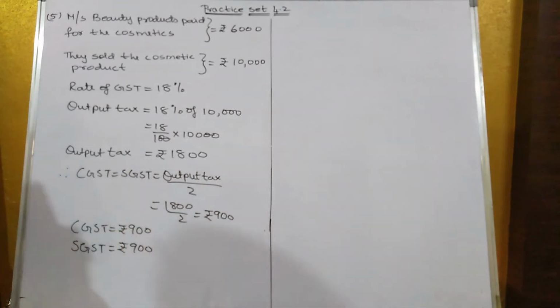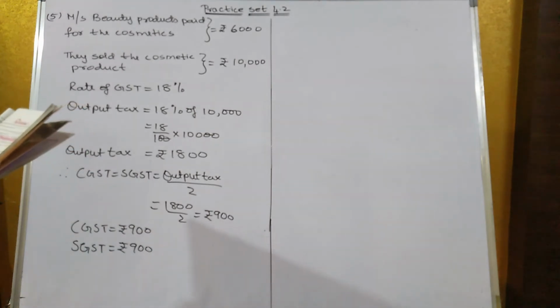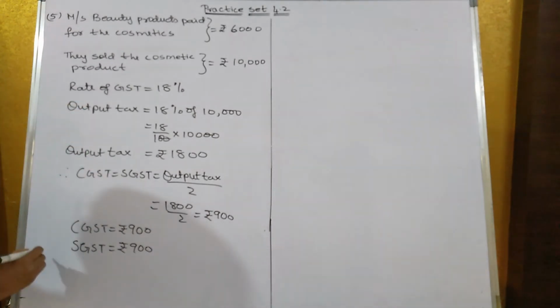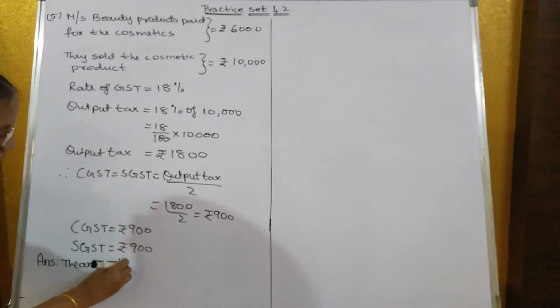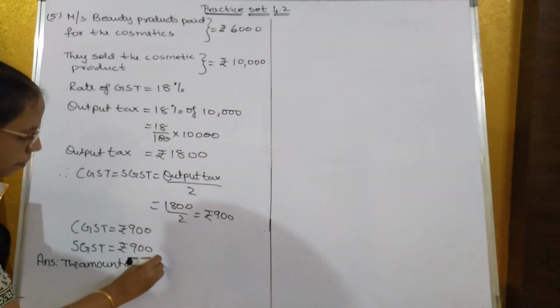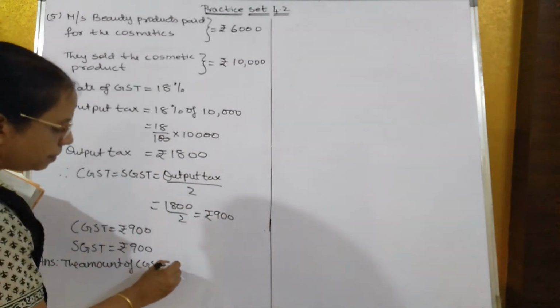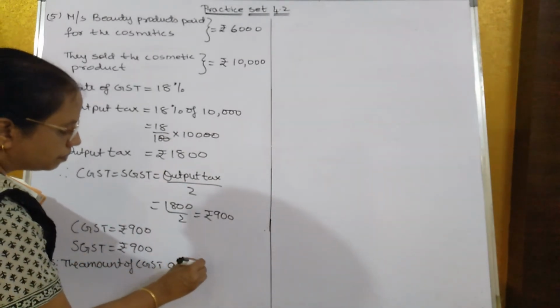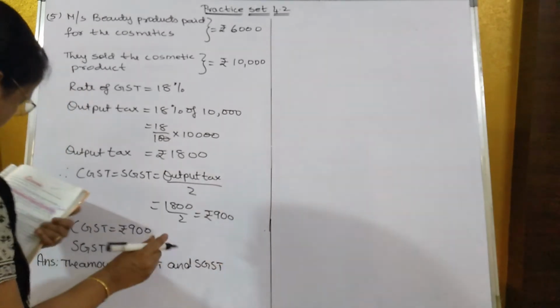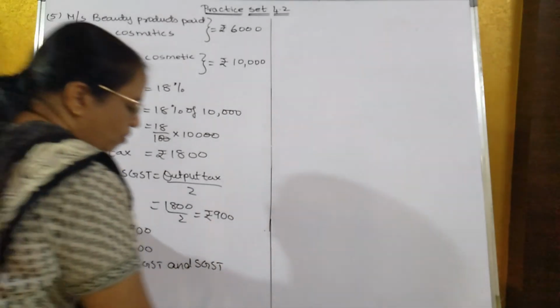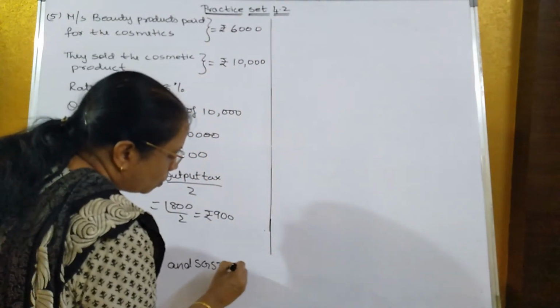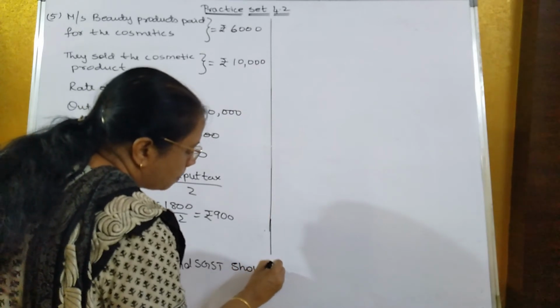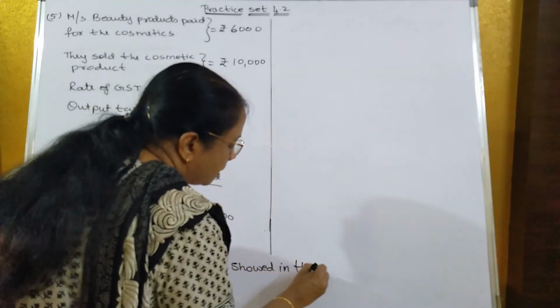So what is the answer over here? The amount of CGST and SGST shown in the tax invoice issued.